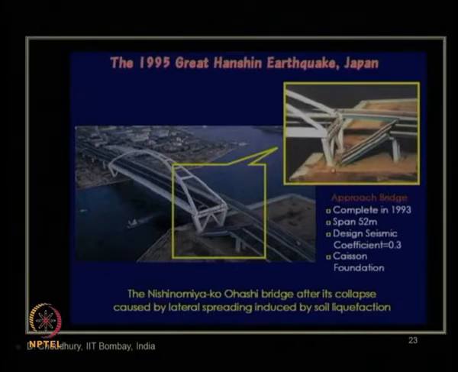As I was mentioning, once the soil gets liquefied, it starts flowing as water flows, from higher to lower gradient. So, lateral spreading induced by soil liquefaction caused the damage of the structure constructed on this site.